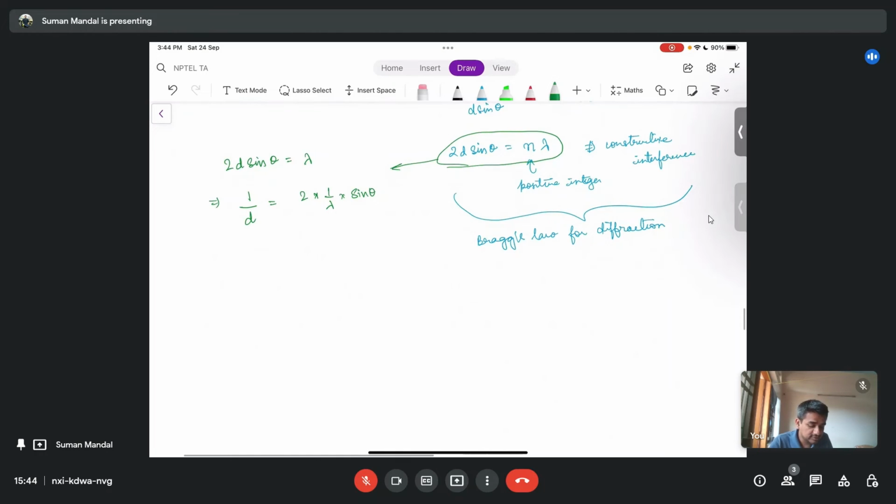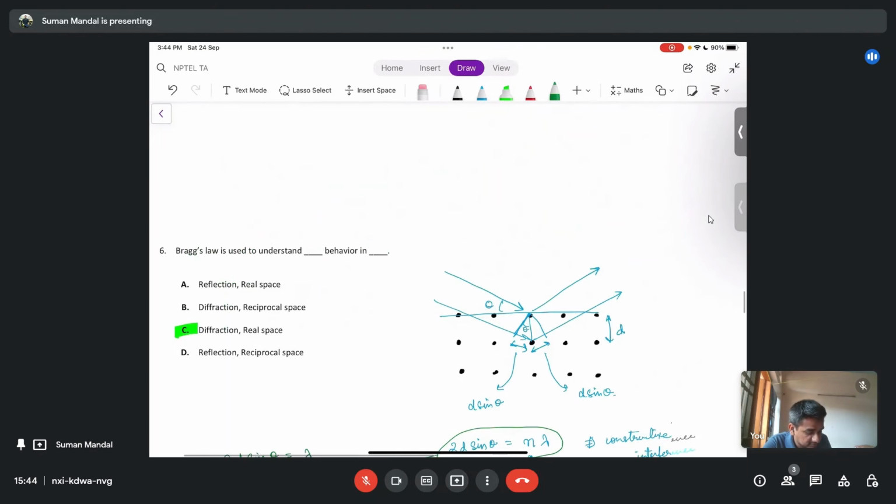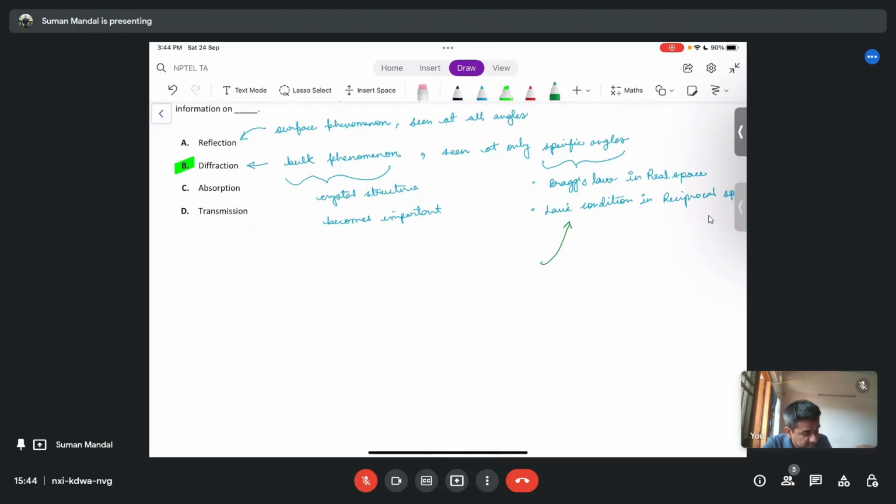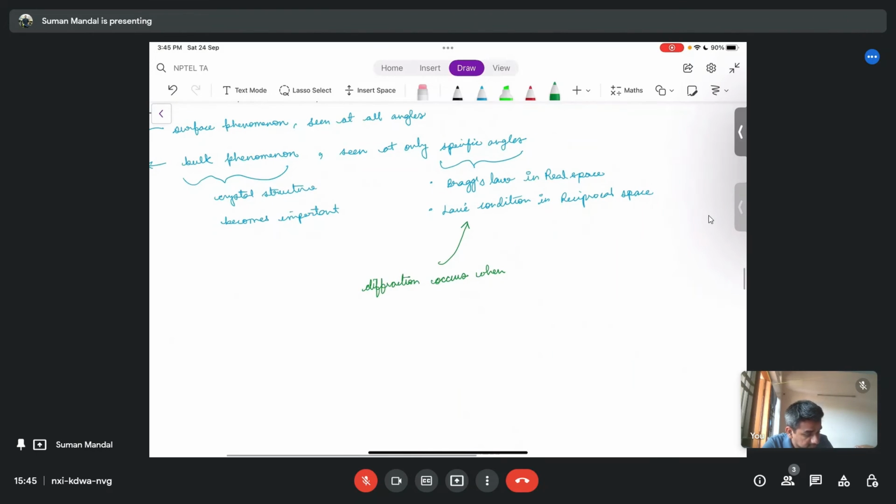If you go to the Laue condition in reciprocal lattice, maybe I should write down the Laue condition here. I didn't write it here. So the Laue condition says that diffraction occurs when there is the condition for constructive interference.